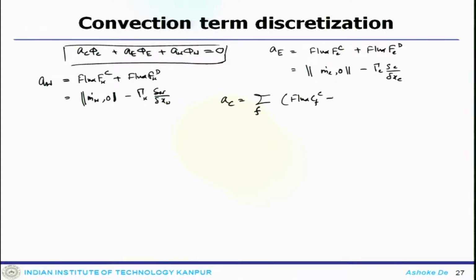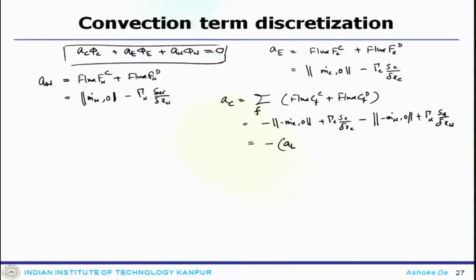flux CF convection plus flux CF diffusion, which is minus m dot E 0 plus gamma E minus m dot w 0 minus gamma w S w del x w, which is, once you put them together, it is A e plus A w plus m dot e plus m dot w.